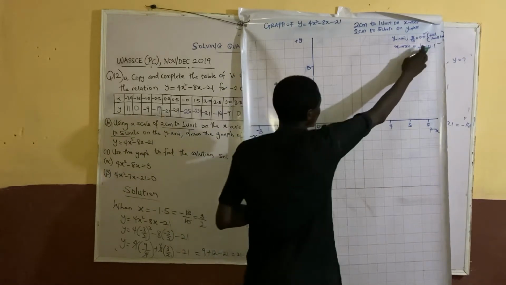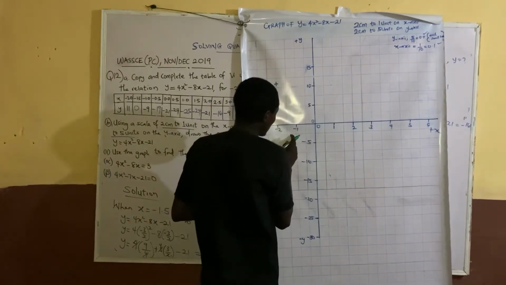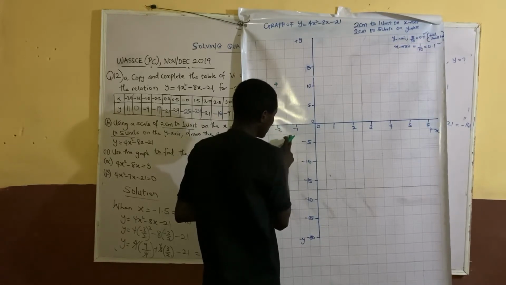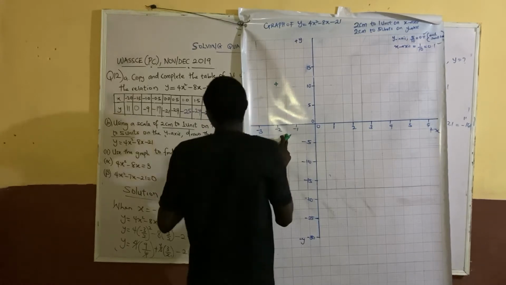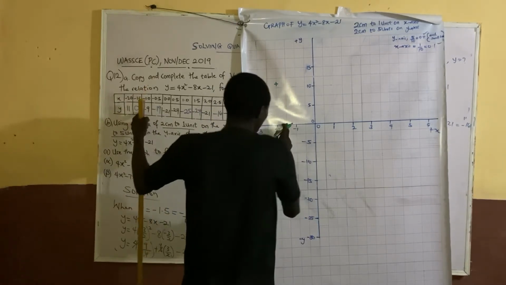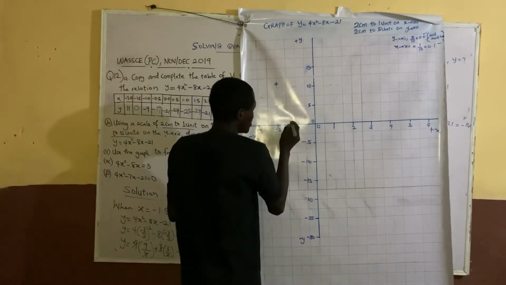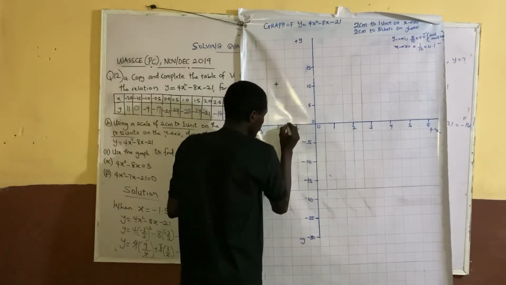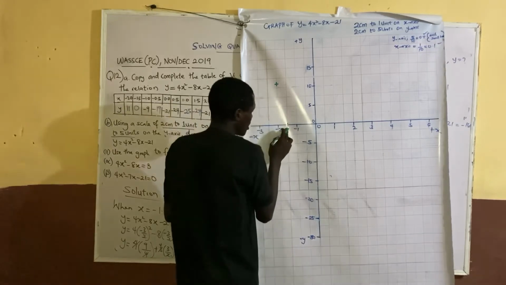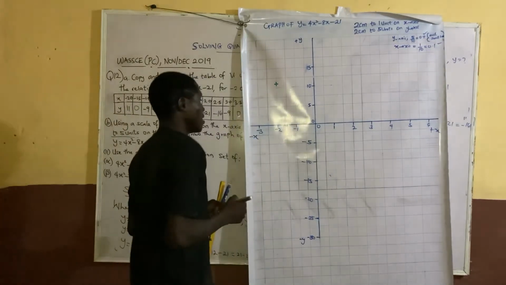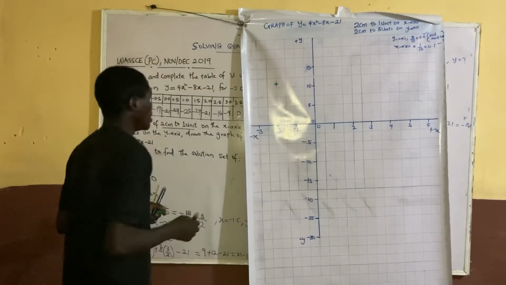On the x-axis, 0.1, 0.2, 0.3, 0.4, minus 1.5 against 0. So 0 is on the line. We put it on the line, because of the 0.